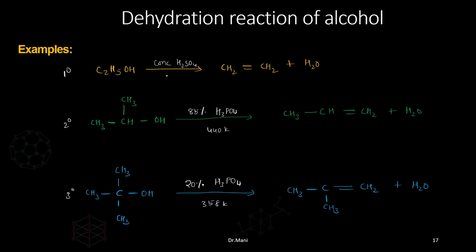So if you see catalyst-wise, it is only 20% H3PO4, phosphoric acid, which is a very dilute one. Here, 85% is a concentrated one. Here, it is much stronger than this acid, sulfuric acid, the king of all acids, and temperature 443 Kelvin. Understood? So based on the rate of reaction, the catalyst changes.